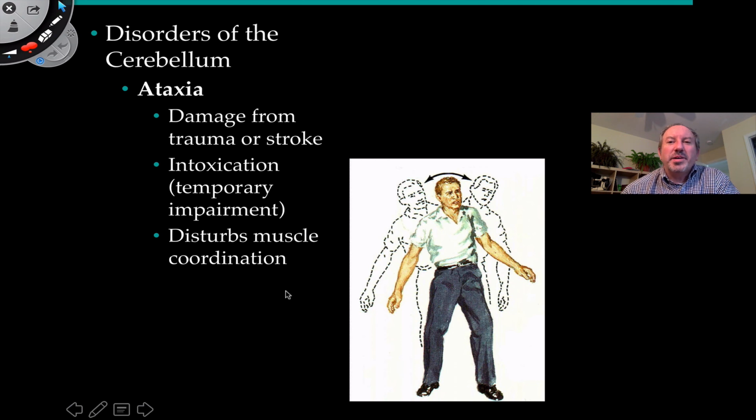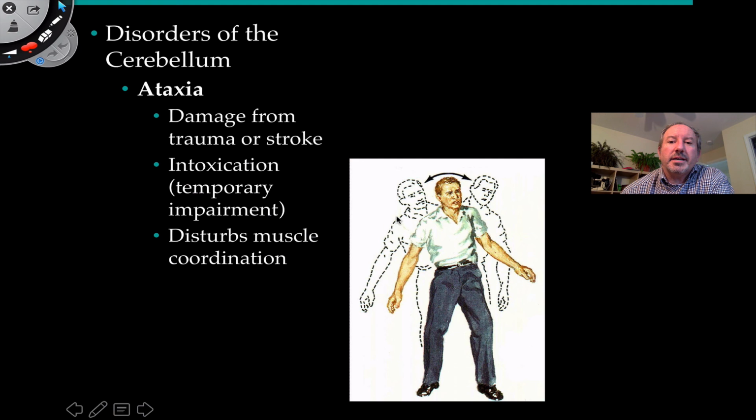And so I was mentioning before at the top of the video, one of the ways in which we are familiar with the functions of an organ or an area of the brain is when something happens. So sadly, sometimes patients will experience trauma, in other words, injury to the cerebellum, or maybe even a stroke. In other words, a blockage of blood to that particular area, or maybe there's a tumor in that area, and that results in uncoordinated sort of staggering known as ataxia.